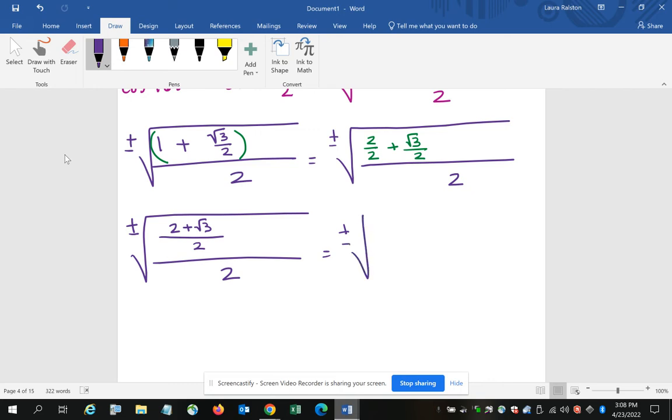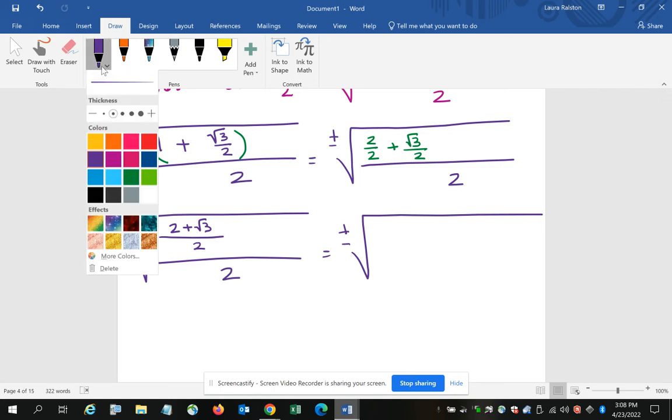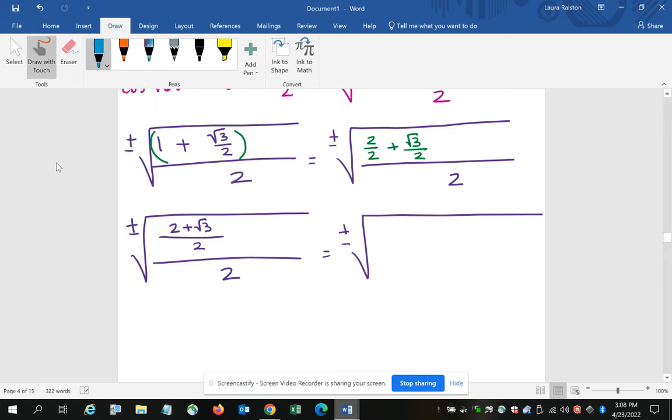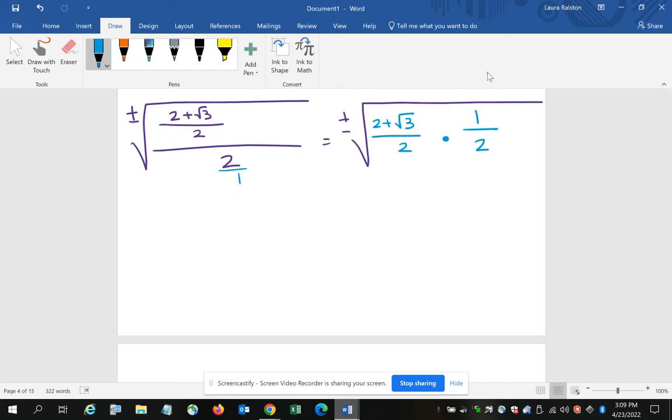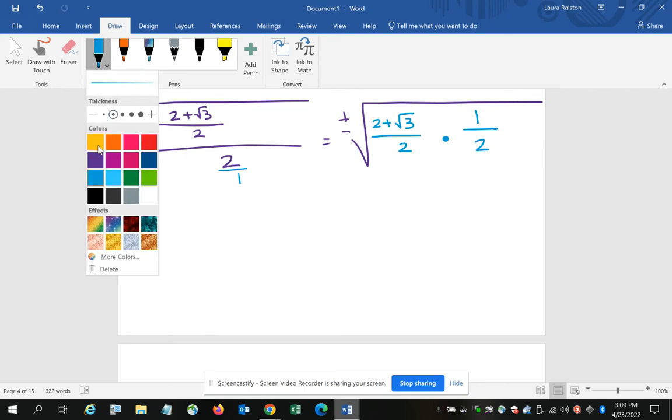So we actually have here a fraction divided by a whole number, and we simplify that by flipping and multiplying. So we're going to have 2 plus square root 3 all over 2 times, remember this is 2 over 1, you're going to flip it, it becomes 1 over 2. So then if we do that multiplication, again, this is messy. This is a lot of algebra that you have to do here, guys.